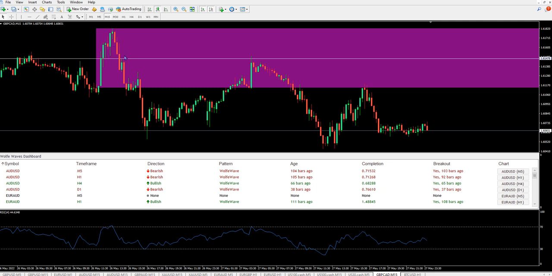Could be an entry technique as well on the lower time frame. Especially since we have other confirmations like the hourly and the 4-hour wolf wave pattern forming, the divergence on the 4-hour. You could just get a quick entry just from a sell stop below the most recent low.